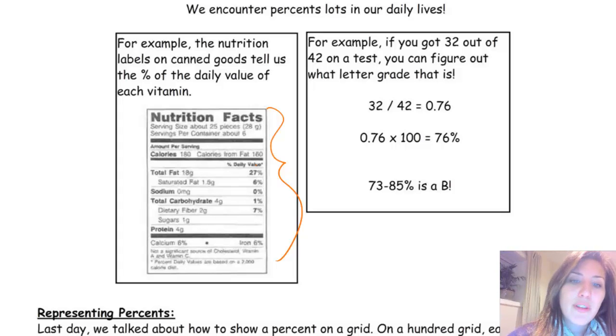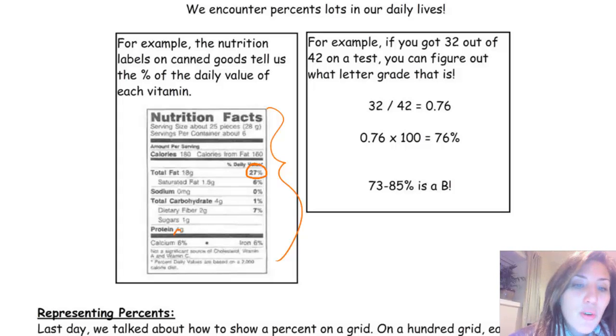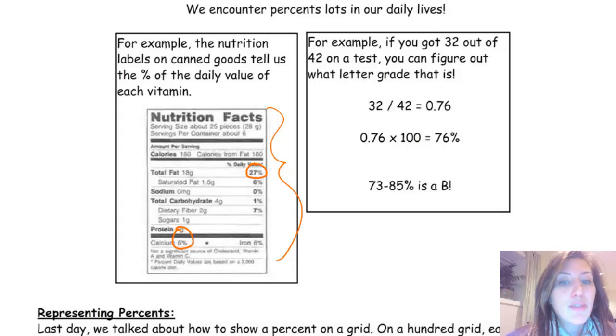So for example, this serving, I'm not sure what it is, 25 pieces probably of M&Ms or something, has 27% of the daily fat that you should be having. It also only has 6% of the calcium you should have that day, and only 6% of the iron you should have that day.